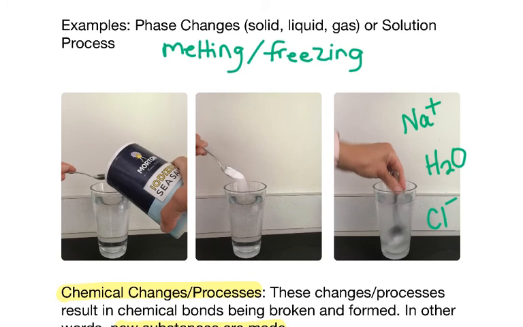But that is a physical process because all of the substances are maintaining their identity. There are no new substances being formed. It's just that they are now combined in a container, okay?